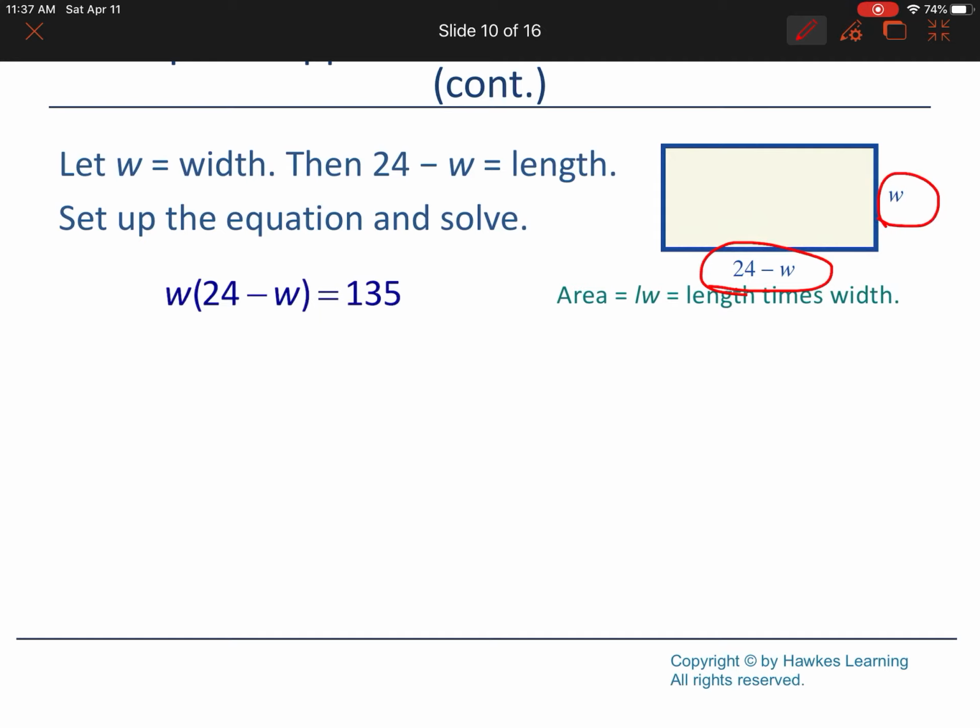Okay, so we set up the equation according to the area, right? So the area was 135, so that's length times width. All right, so why don't you pause the video and see if you can solve this yourself. Multiply it out so you have it in standard form and then factor it.